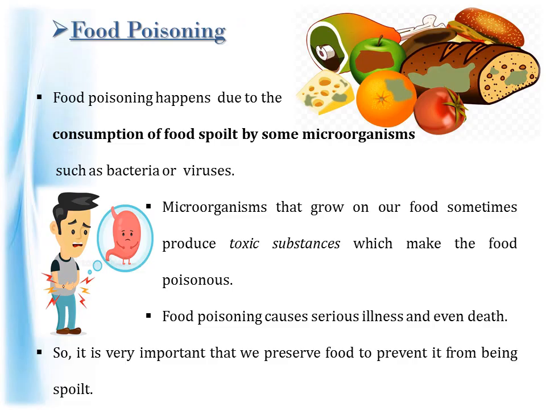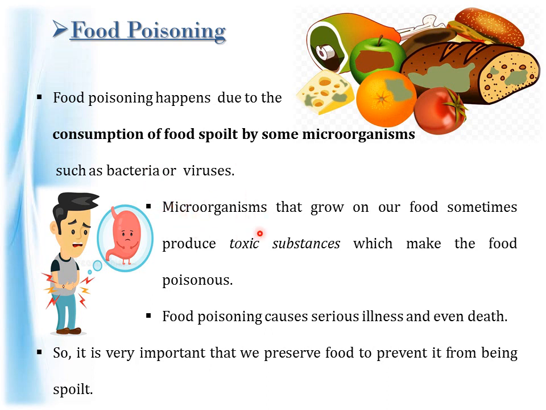Have you ever experienced having stomach ache or vomiting after consuming certain food? If yes, that may be due to food poisoning. So the fourth harmful effect of microorganism is food poisoning. Food poisoning happens due to the consumption of food spoiled by some microorganisms such as bacteria or viruses.